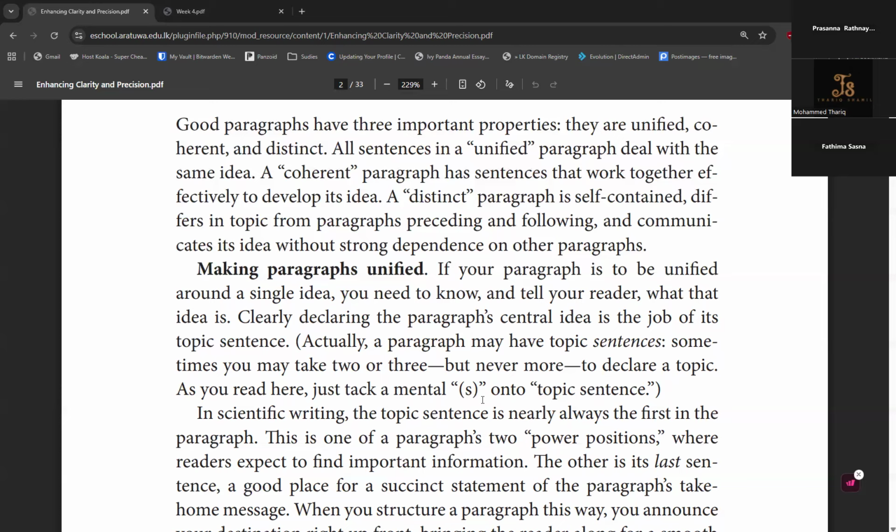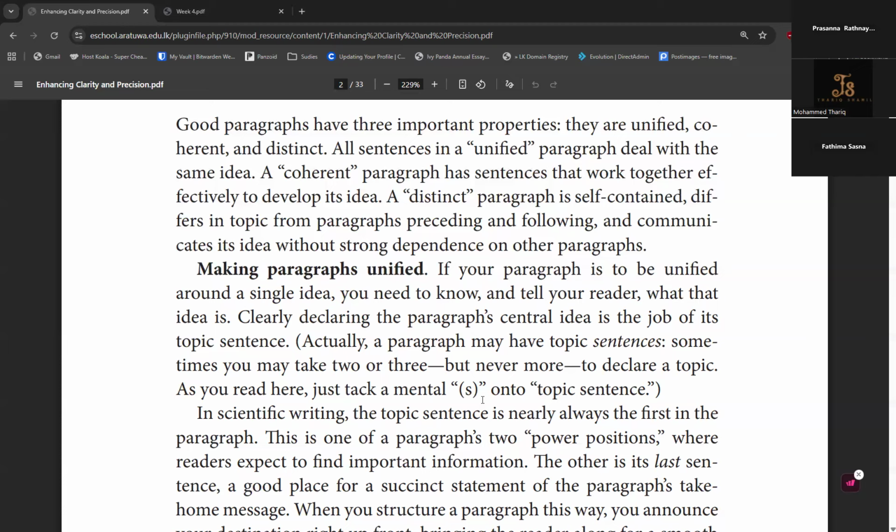The author explains how unified and distinct paragraphs differ from each other and gives information in different ways. Okay, so the main idea is how a unique, distinct paragraph could give what? Unified, coherent, and what is the third thing?